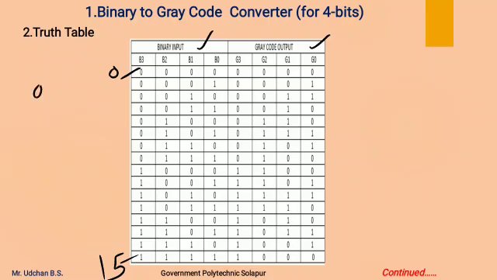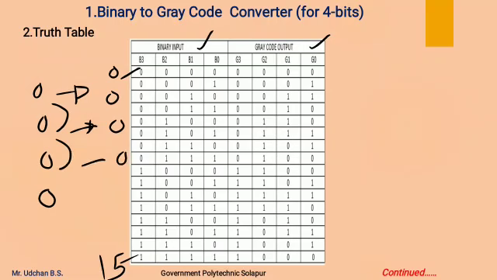First binary input is 0 0 0 0. We write the MSB 0 as it is, and we do circular addition. 0 plus 0 will give you 0, this 0 plus 0 will give you 0, and this 0 plus 0 will give you 0. So for 0 0 0 0 the gray code is 0 0 0 0.